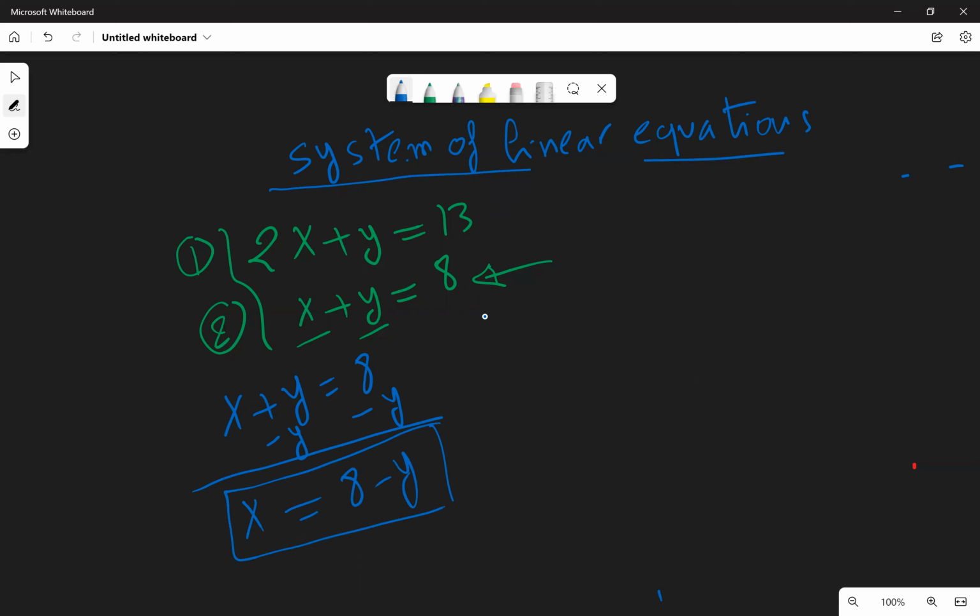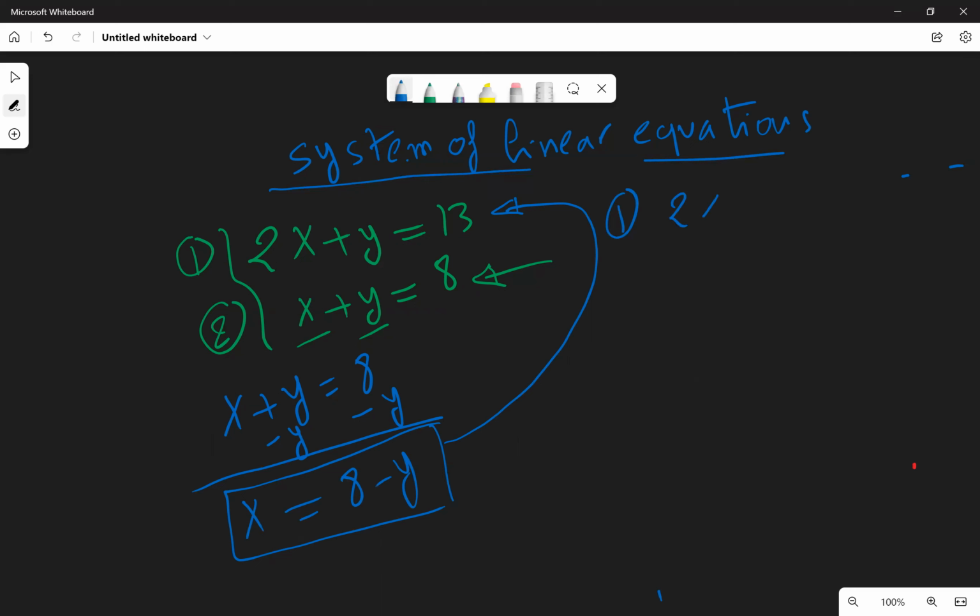So now that I have x written in terms of y, I'm gonna go back to my first equation, and then I'm gonna substitute 8 minus y for x, and then solve for y. So let's do that. This is the first equation here.